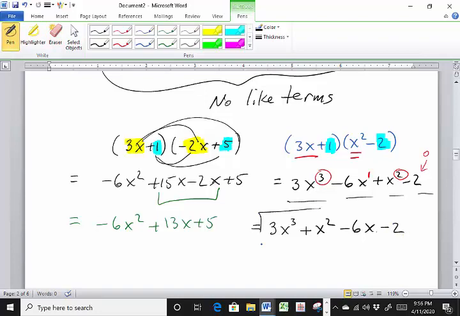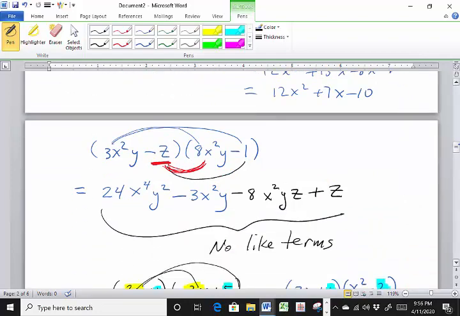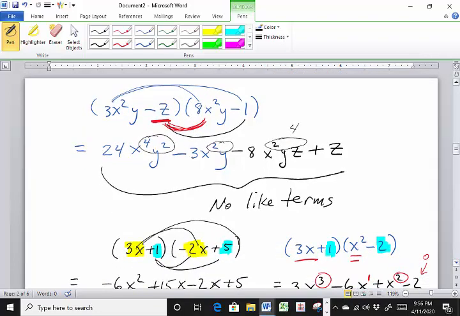So this is actually the best way to write your answer in descending order. I might have missed that up here. Let's see if I did. This is 6th degree. This is 3rd degree. This is actually a 4th degree here. So I really didn't write this in descending order. So let me change that. Sometimes you don't think about it and you miss it, but it's just a good habit to get into.